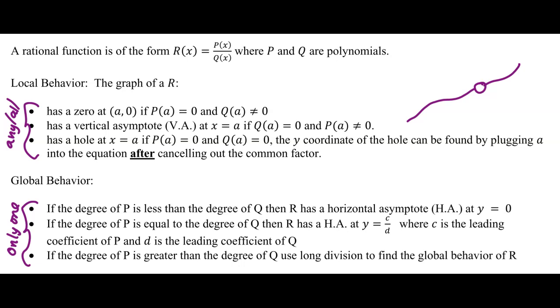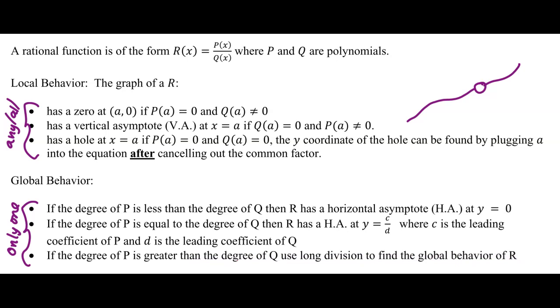So we're not going to have both a horizontal asymptote at y equals 0 and then also a horizontal asymptote at y equals c over d, which we'll get into. And we also won't have either of those along with this last scenario where we use long division. And generally what we find when we use long division is that there's some sort of slant asymptote. So one of these things will be our global behavior.